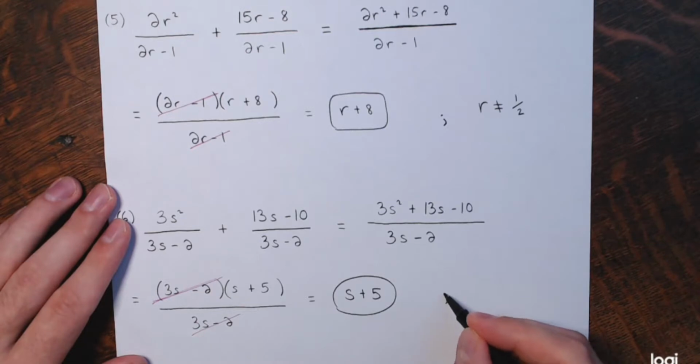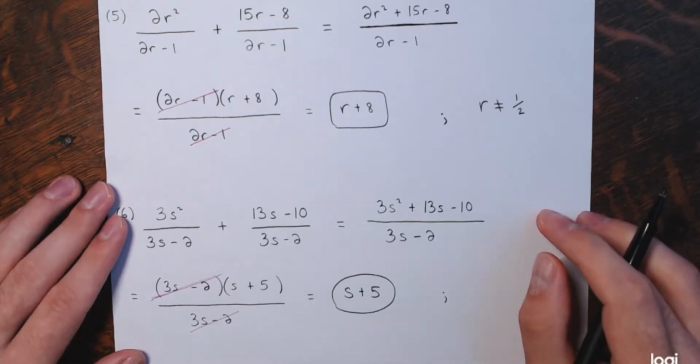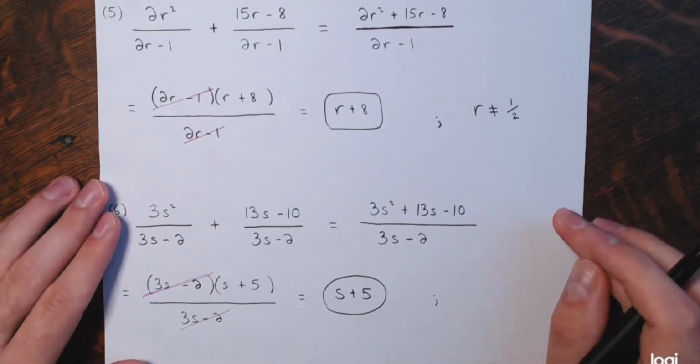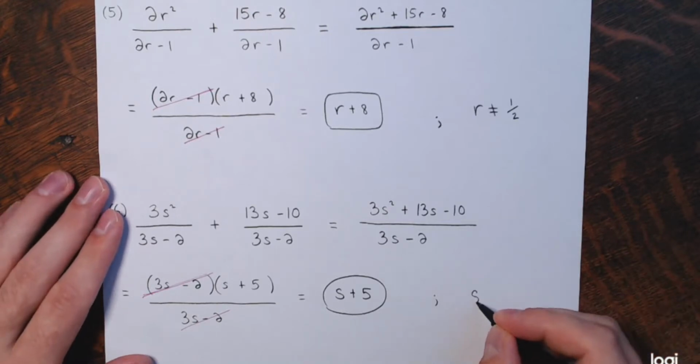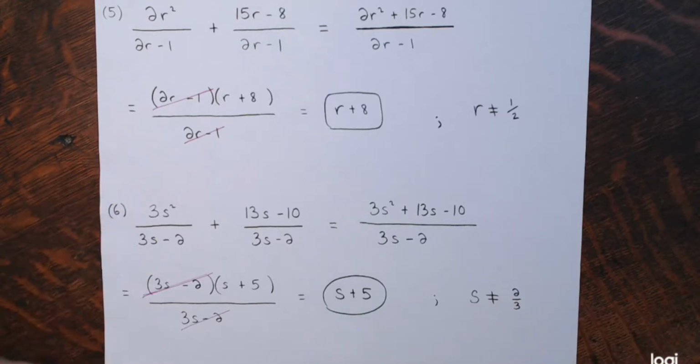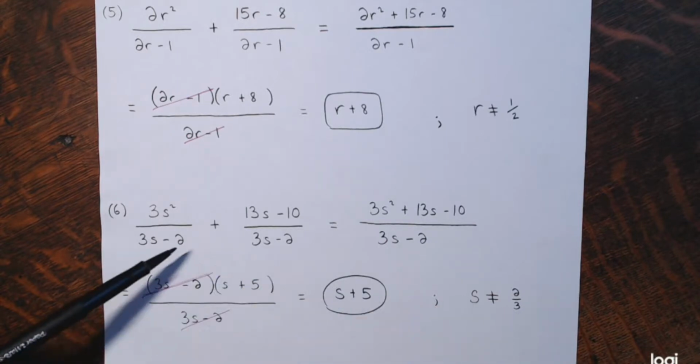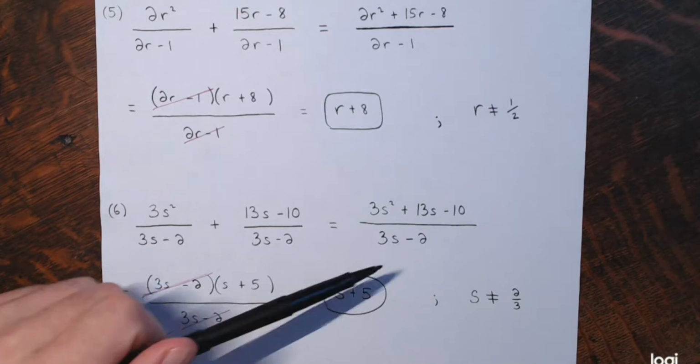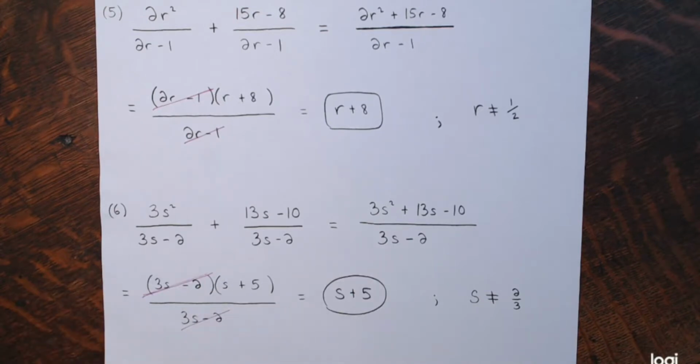And then once again, off to the side, I'm going to put down conditions on the variables. The value I replace s with can't be 2/3. Because if s were 2/3, your denominators would be 0 throughout this problem. And if a denominator is ever 0, well, then your expression is undefined.